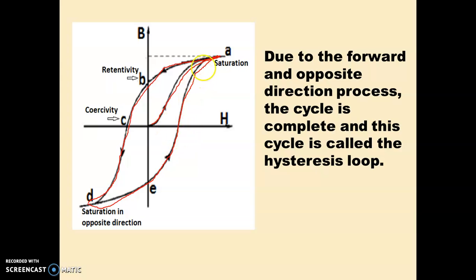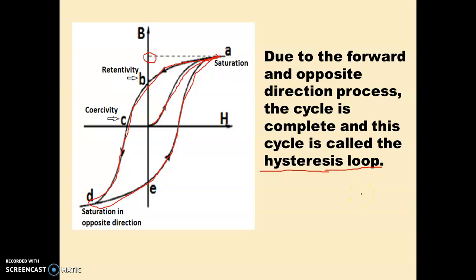Again we get the saturation point at A, where the magnetic field is constant. This cycle is called the hysteresis loop.